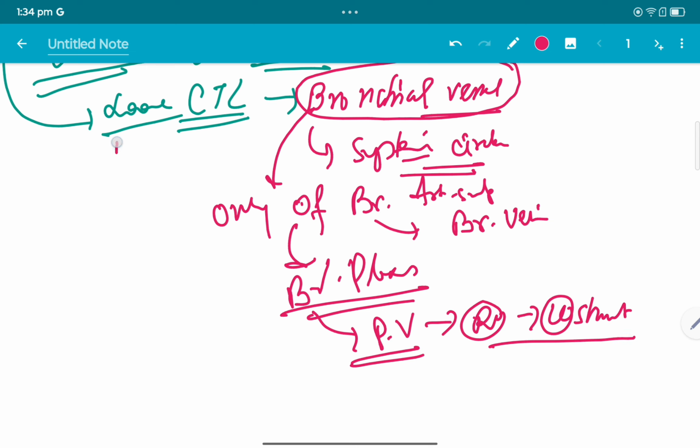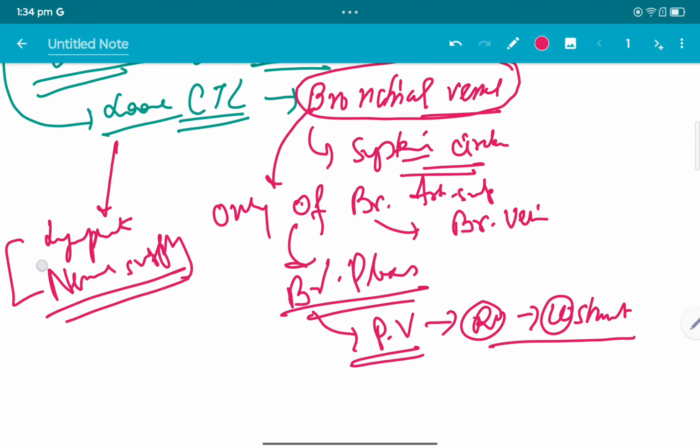This loose connective tissue layer, besides the bronchial vessels, is a site of lymphatic and nerve supply also. Nerves and lymphatics also run in this layer. Besides the bronchial vessels, the bronchus is accompanied by a branch of the pulmonary artery.